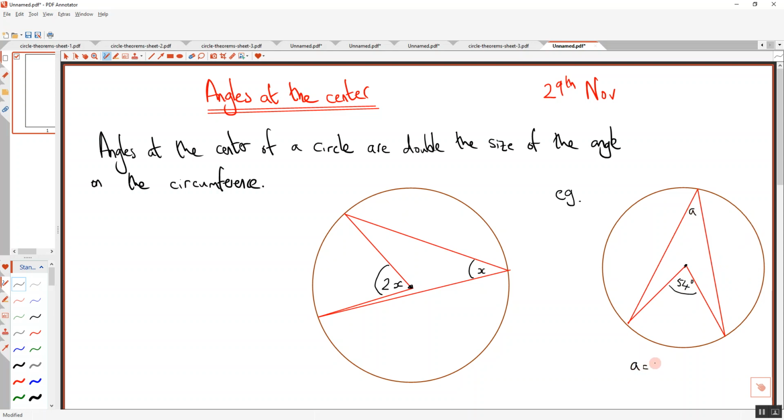Yeah, because it's half of 54, okay? 54 divided by 2.